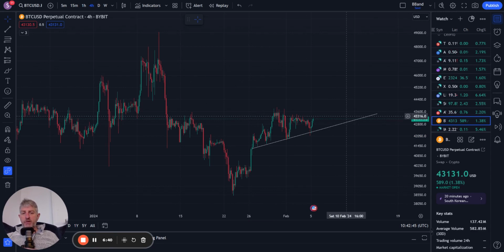This does look like a sequence of lower highs, and this looks like a sequence of lower highs, maybe with a bit of a break occurring, but we need to see that. I would need to see the closure of that first.